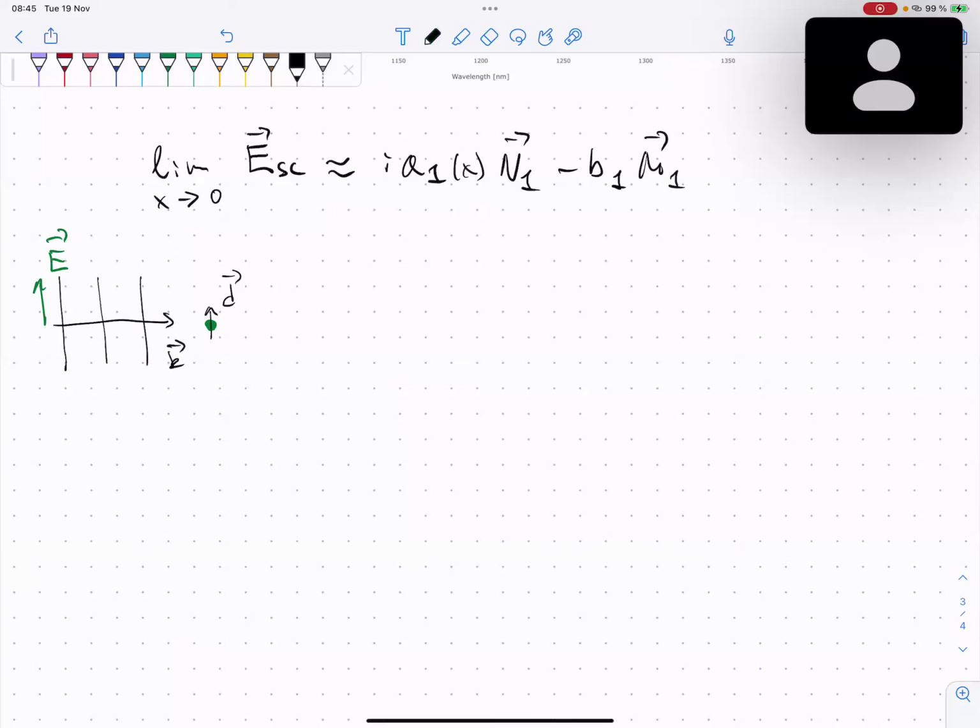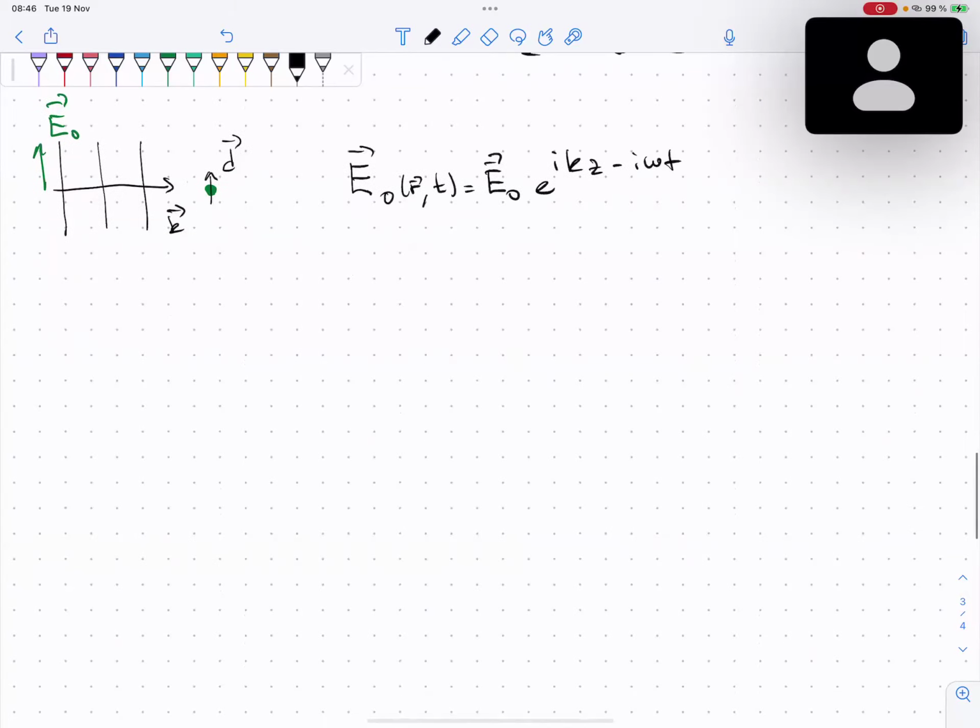The incident field is just some E0 of r, e to the power i k z minus i omega t.